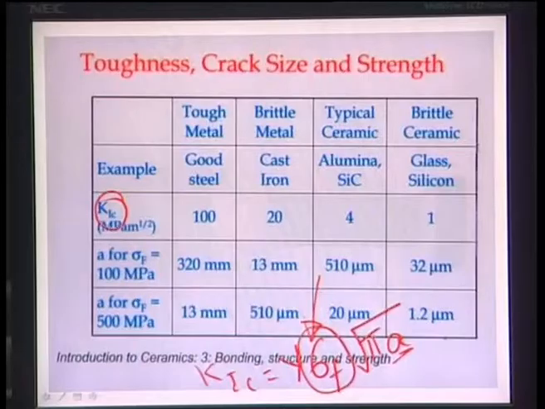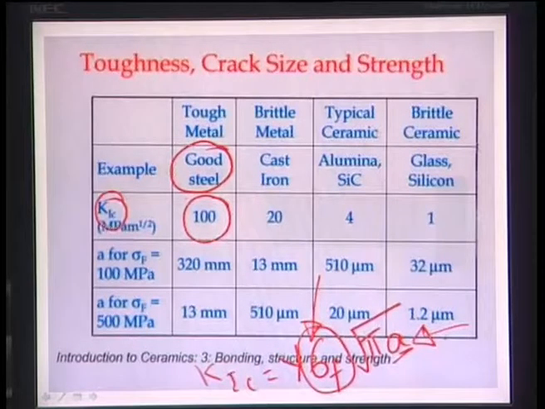Now, from this it is very clear that the critical stress intensity factor under mode 1 loading depends not only on the stress value but also the crack length value, and that has been mentioned here. Let us say for good steel, which has very good mechanical properties, K1C is 100, and K1C is a fixed value. I will spend some time on this slide.